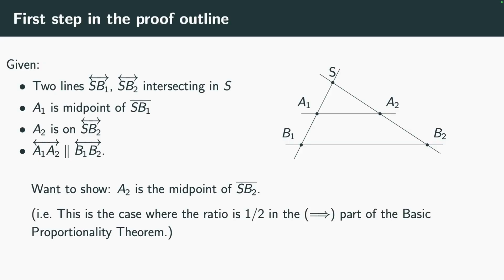A2 is a point on the line SB2, and I'm assuming that A1A2 is parallel to B1B2. What we want to do is show that A2 is also the midpoint of SB2. If you look at our statement of the basic proportionality theorem, this would be the case where the ratio is a half.